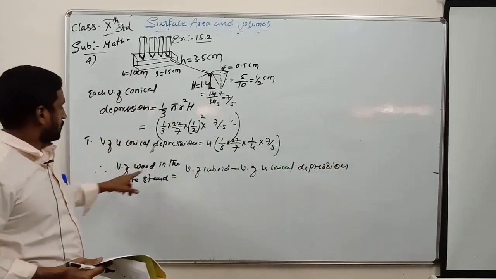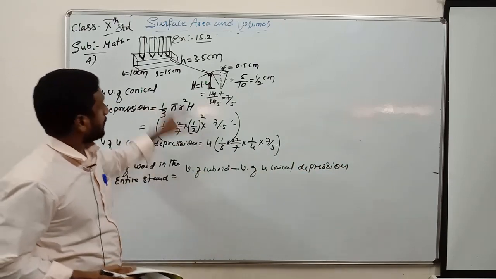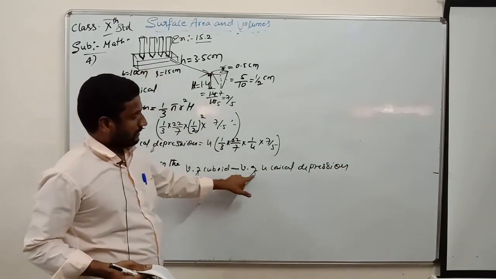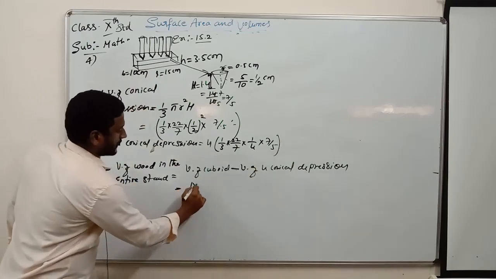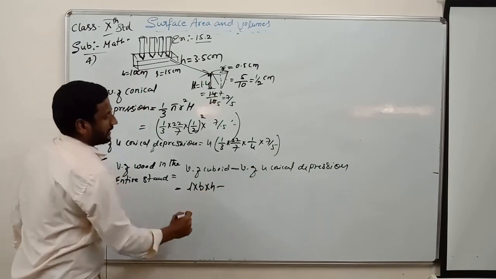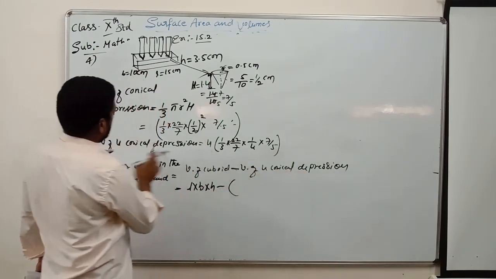Volume of the wood in the entire stand is equal to the total volume of the cuboid minus the volume of the 4 conical depressions. The volume of the cuboid formula we know is length into breadth into height, minus the volume of these 4 conical depressions, which I already calculated here.